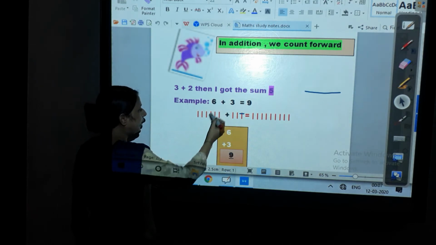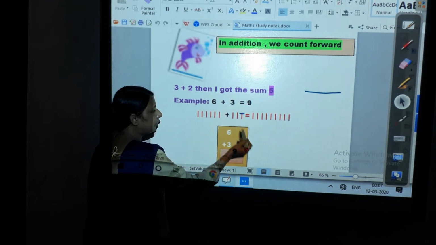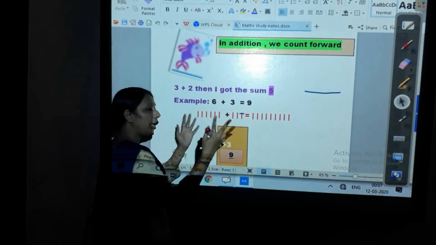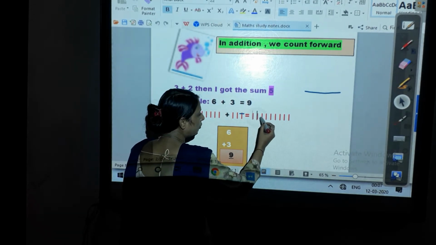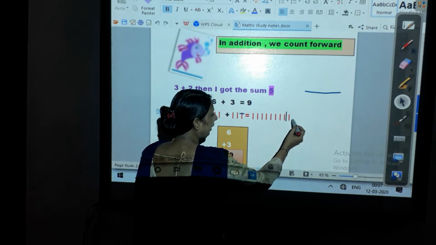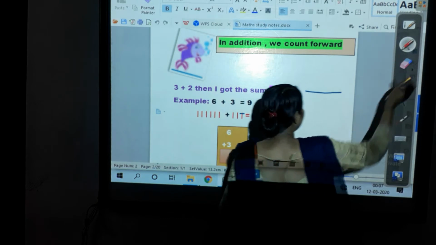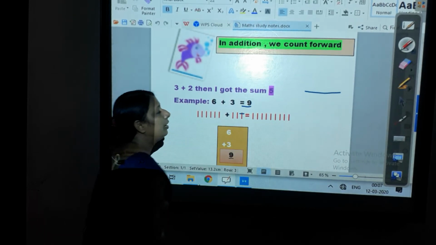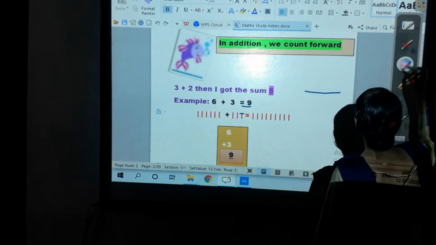So you can see 6, 1, 2, 3, 4, 5, 6 and another 3, 1, 2, 3. So if we add this together, it will come as 1, 2, 3, 4, 5, 6, 7, 8 and 9. So 6 plus 3 is equal to 9. Understood, children? Very good. Now coming to the next.